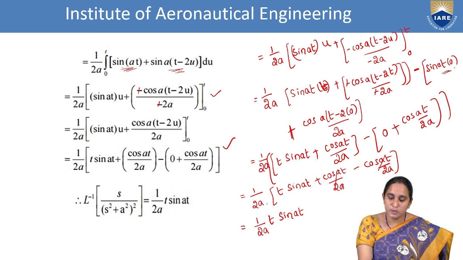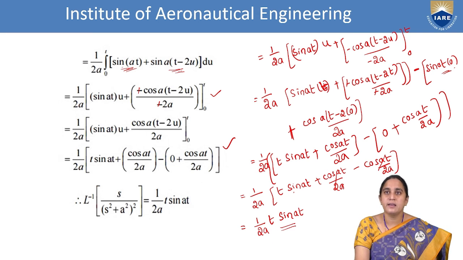Therefore, 1 by 2a into t sin at plus cos at by 2a minus cos at by 2a. That means one is negative and one is positive, therefore both are cancelled.